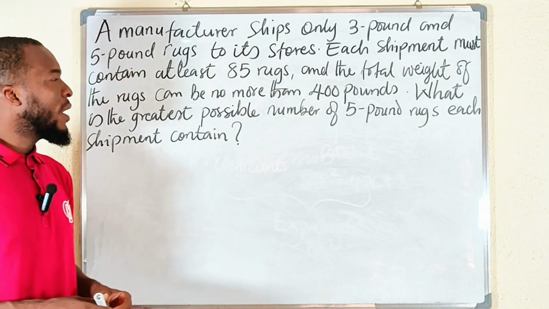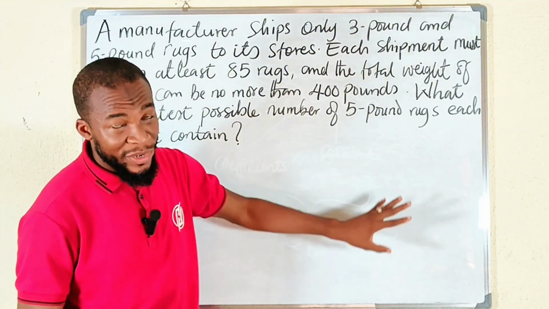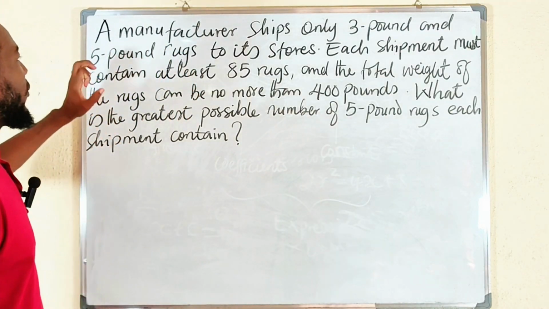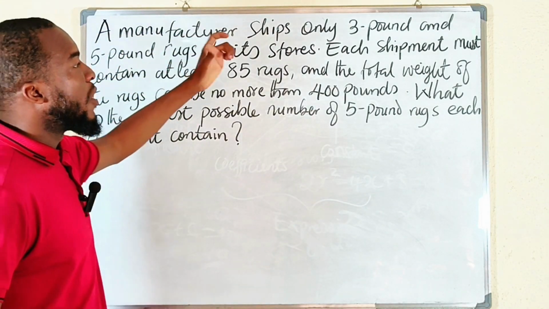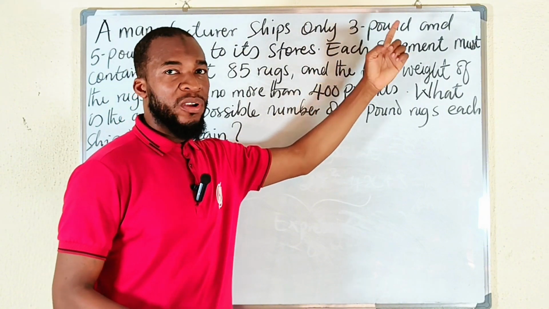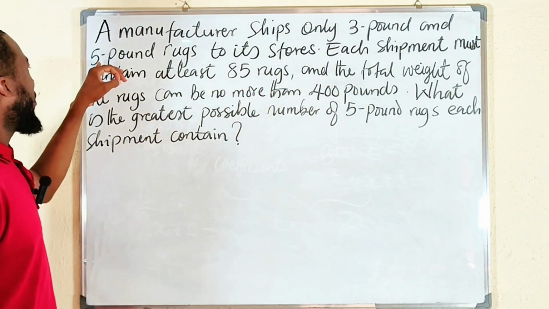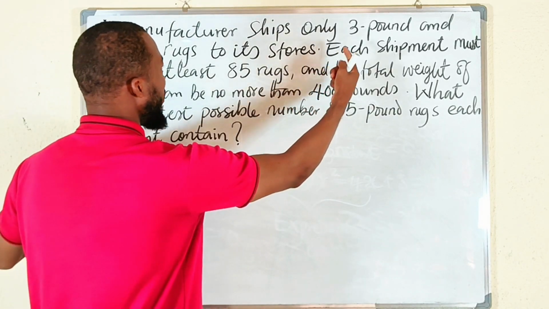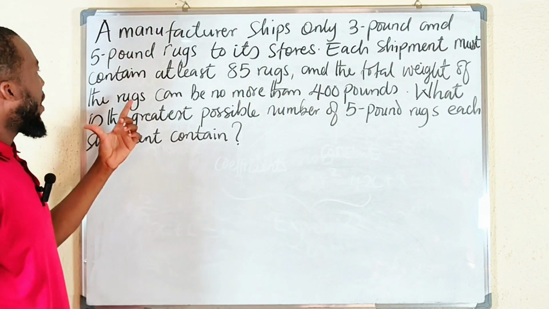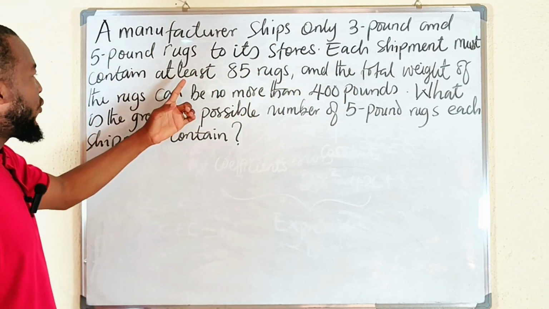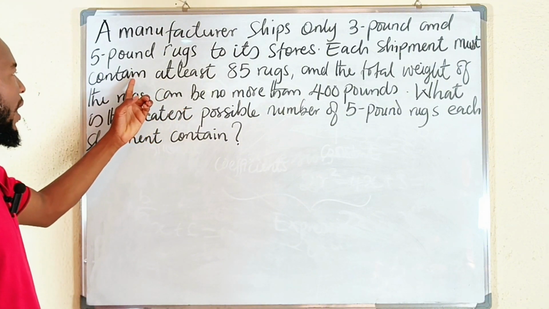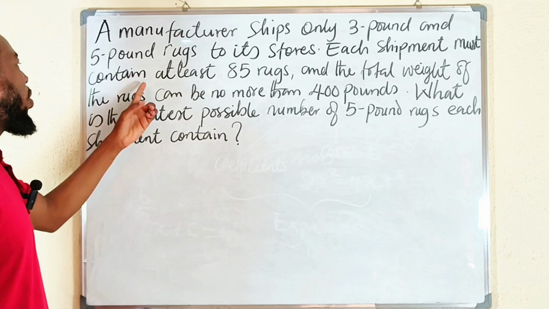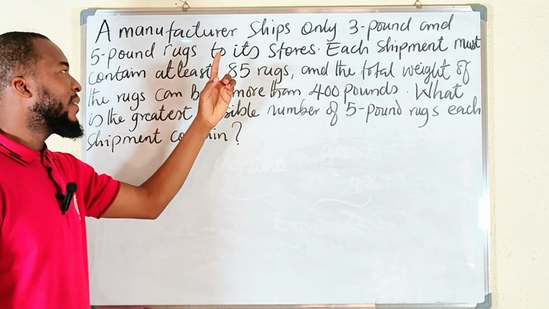Very interesting question. Because I have limited space, I may do some of these things mentally. First of all, I would like to declare the number of 3 pound rocks as X and the number of 5 pound rocks as Y. So the combination should be X plus Y. According to the condition, each shipment must contain at least 85 rocks.